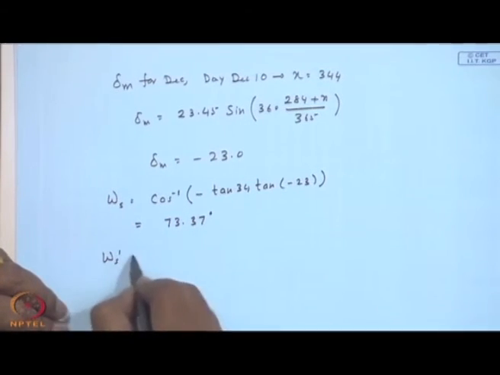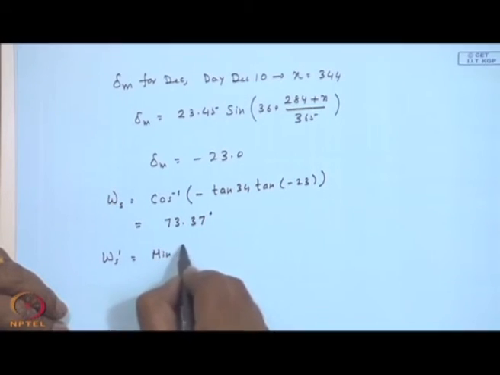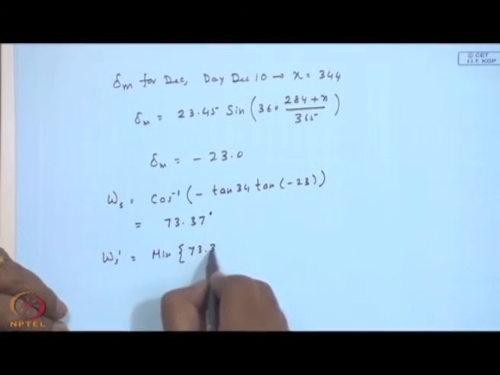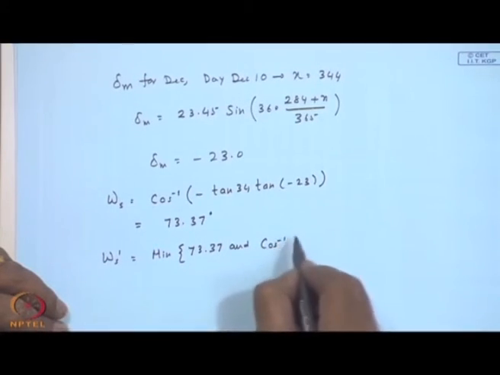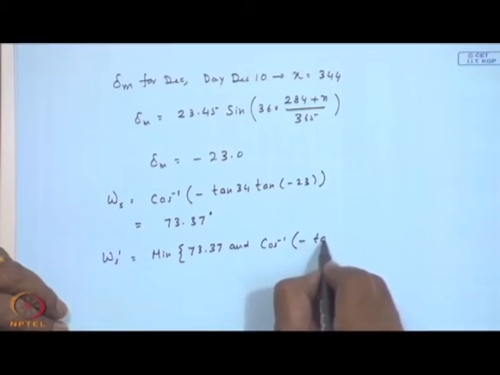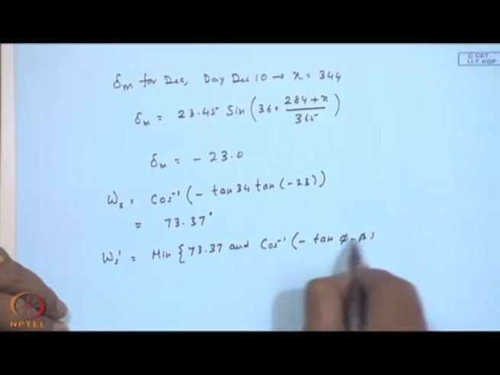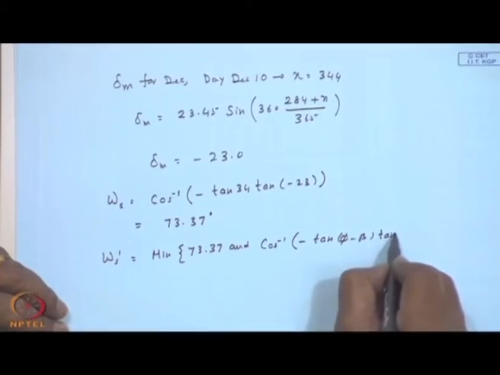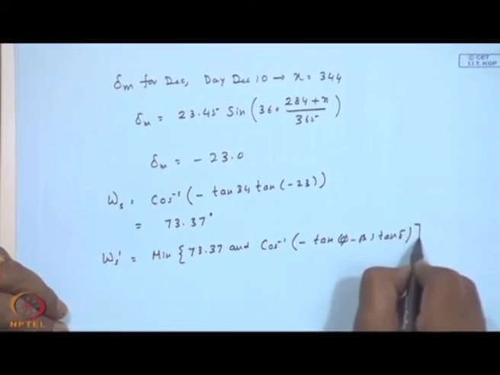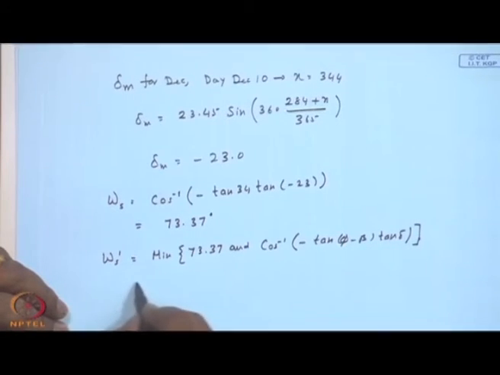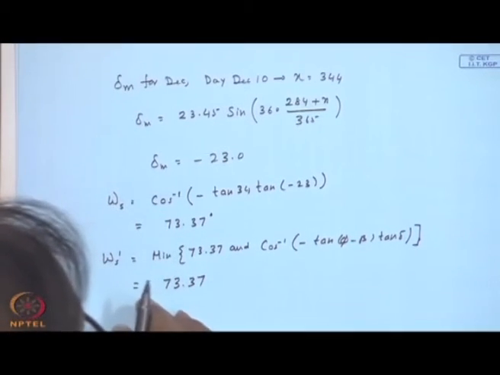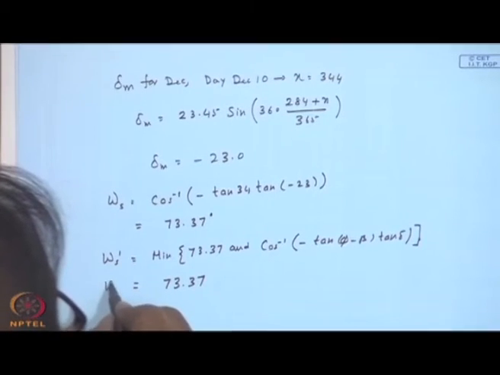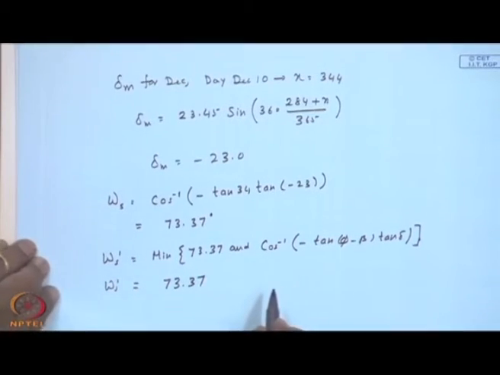Omega s dashed is the minimum of 73.37 and cos inverse of minus tan phi minus beta tan delta, which I do not even calculate.